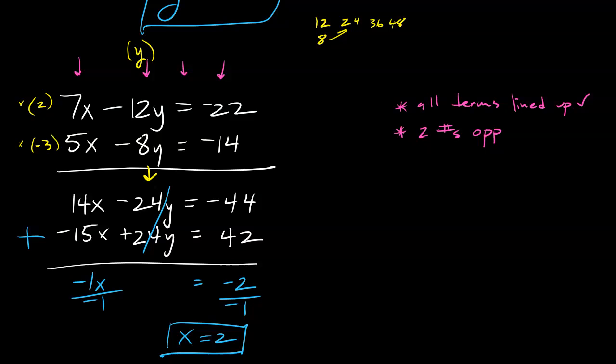And then this part is obviously the same as every other time: you pick one of these equations you think is the easiest. In this case, I don't think any of them are easy. It's probably the easiest because the numbers are the smallest. Go ahead.